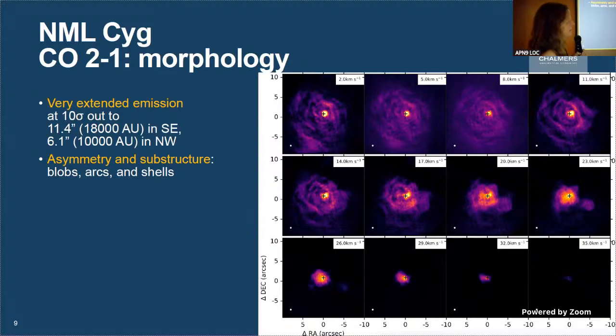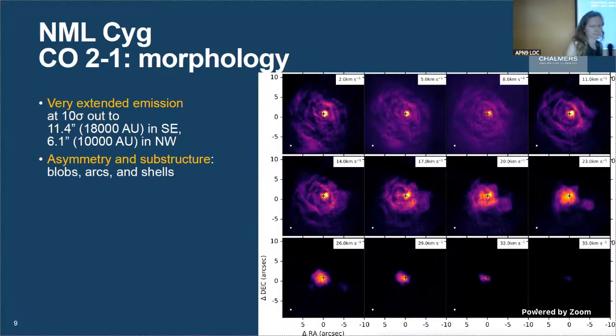But I think if I show you these maps, you don't really stumble across how big it is, right? I think you're all trained to see all kinds of substructure here. So we have all kinds of blobs and arcs and shells. This is a blob that I wanted to, this pointer doesn't hold for very long.